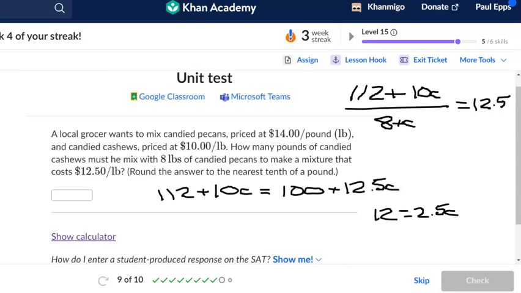And so to solve for C, we're going to divide 12 by 2.5.